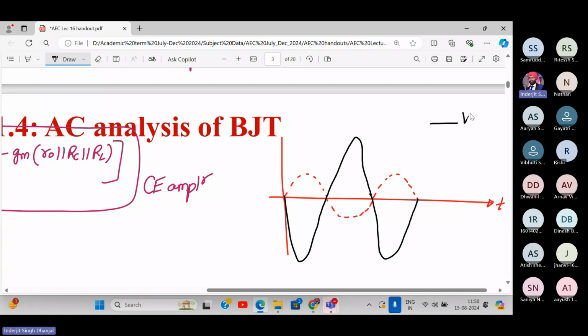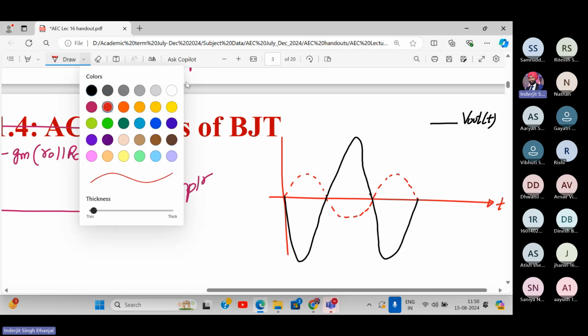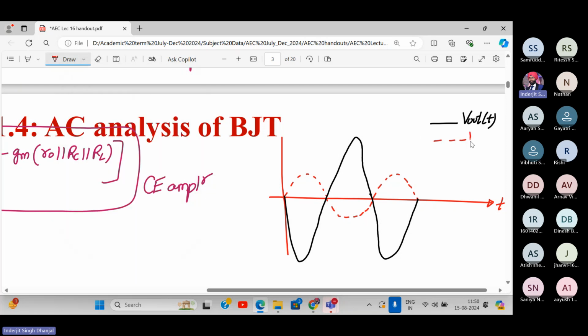This is my Vout of t, and the dotted line is my Vin of t. Voltage versus time, input and output voltage. I think this much we completed yesterday. Yes or no? Yes, sir.